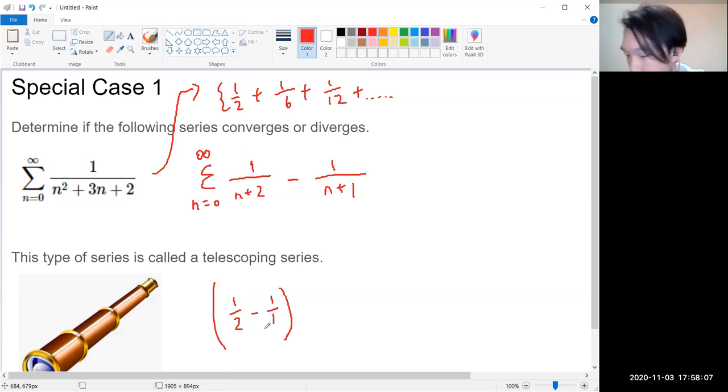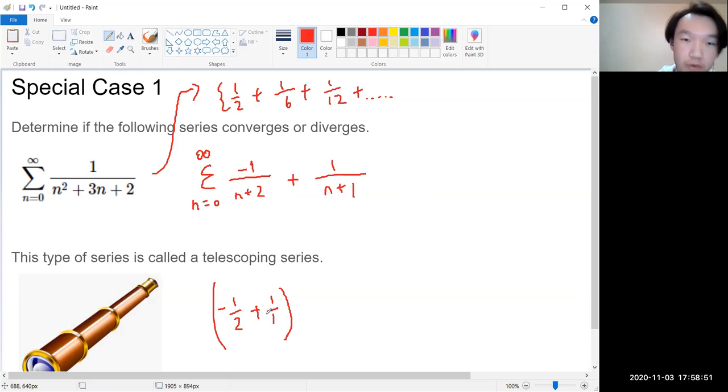Let me just make sure I have everything correct, because I feel like I probably made a mistake somewhere. Yep, I'm sorry. A was negative 1, B was positive 1. So it's actually negative here, and positive here. Sorry about that, guys. So this is actually negative 1/2 plus 1.